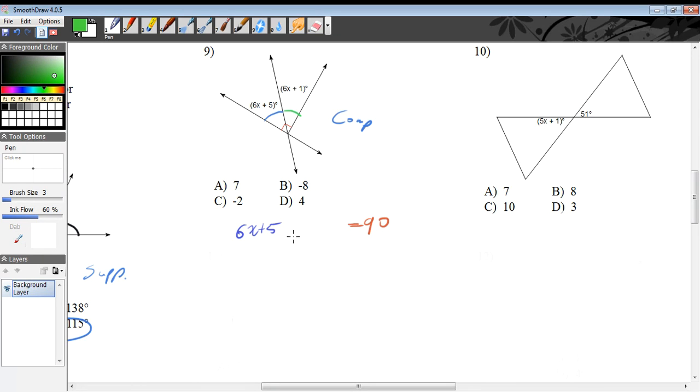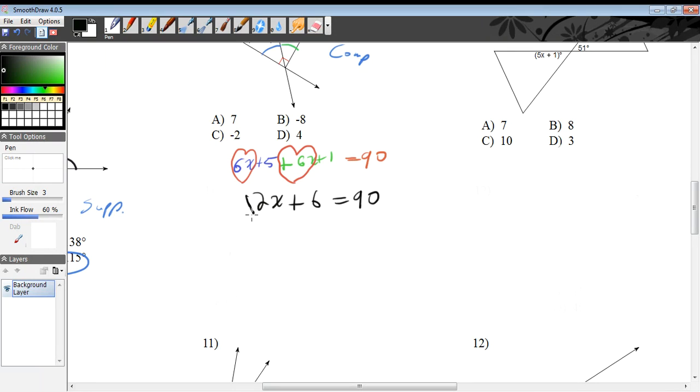And if I add it to this angle, 6x plus 1, they should equal 90. Now I need to combine like terms. The 6x and this positive 6x combine to make 12x. And the 5 and the 1 combine to 6. So 12x plus 6 is equal to 90.